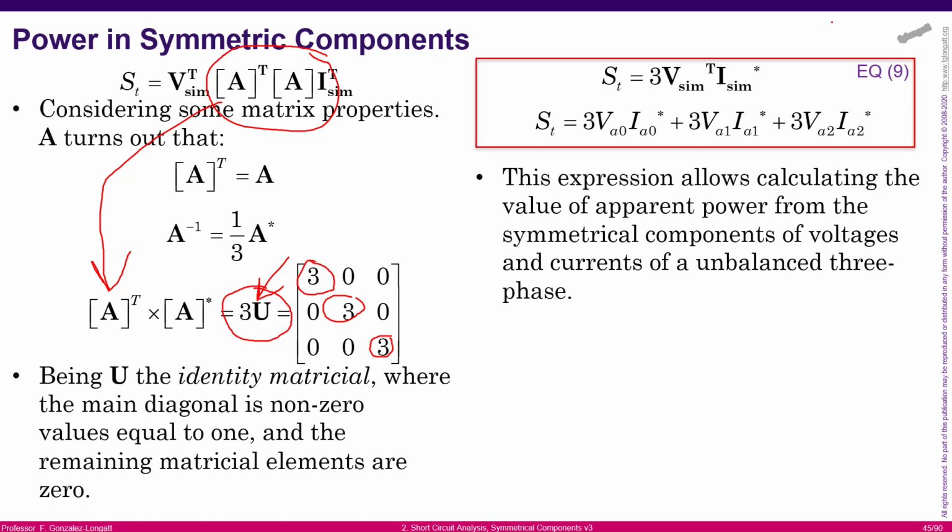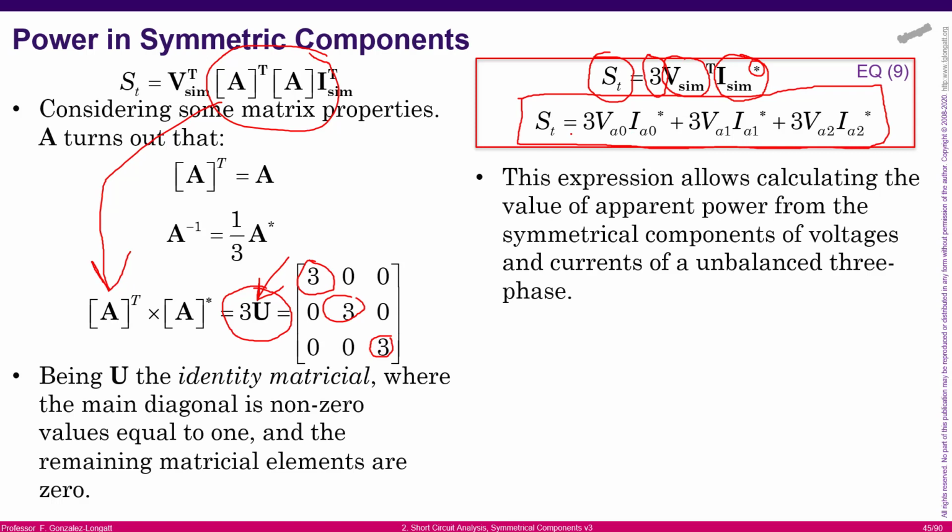And when we put those numbers together, look over here, the beautiful equation number 9. Equation number 9 says that the three-phase power can be calculated as 3 times the product of the symmetrical components of voltages multiplied by the symmetrical components of currents, considering the conjugate.